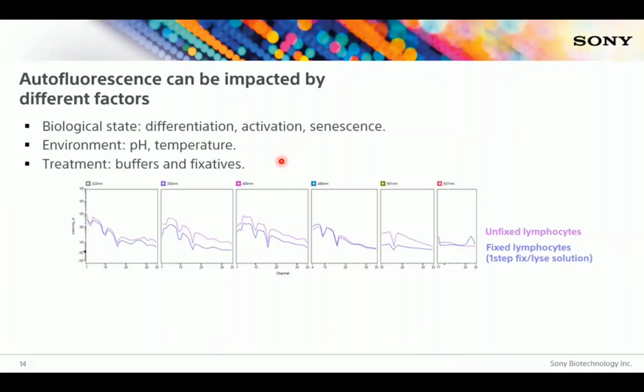And we certainly know that buffers and fixatives can affect autofluorescence. Here is just an example comparing the spectral profiles of unfixed lymphocytes and lymphocytes fixed with a fixation solution, showing not just differences in intensity, but also in spectral shape.